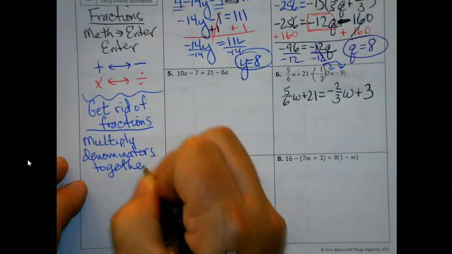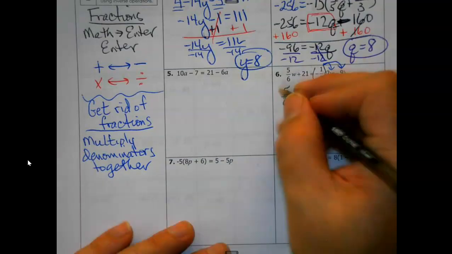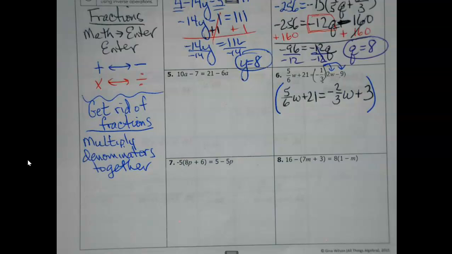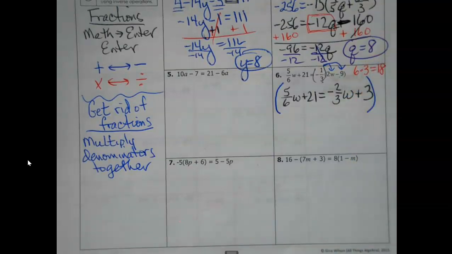Now let me explain what I'm getting at here. We're going to make one big step to tell these fractions to hit the road. So here I see a 6 in the denominator, and I see a 3. So I'm going to take those two denominators, and I'm going to multiply them together.